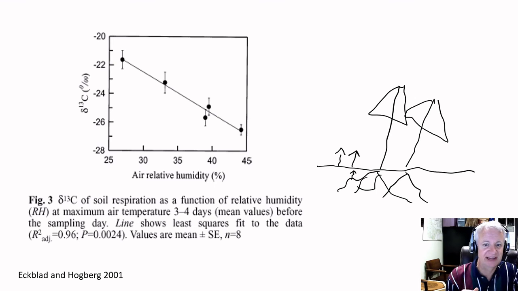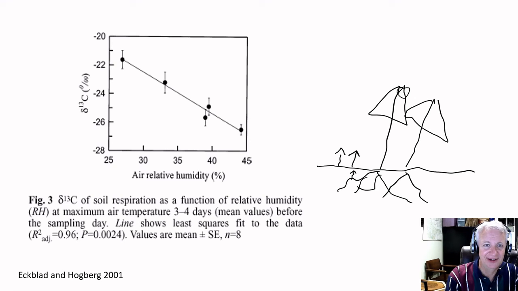And the fact that the best correlation is 3 to 4 days prior tells us that basically the starch or carbohydrates that are being respired by the roots were fixed by the leaves 3 to 4 days prior.